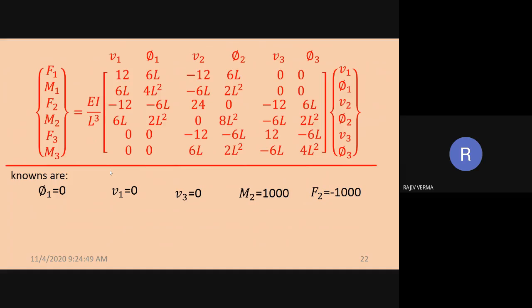So we have the global stiffness matrix and five known parameters, and the unknowns happen to be F1, M1, V2, phi 2, phi 3, F3, M3.